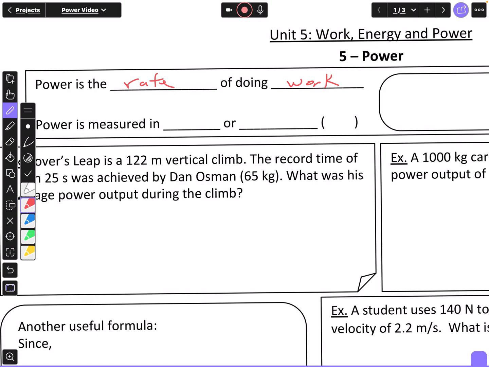The units for work are joules. For energy, it's joules, because work and energy are about the same thing. And then power is joules per second, or what we call watts. And we abbreviate that with a capital W. But just remember that, and I would write this down, 1 joule per second is equal to 1 watt. It's the same unit.